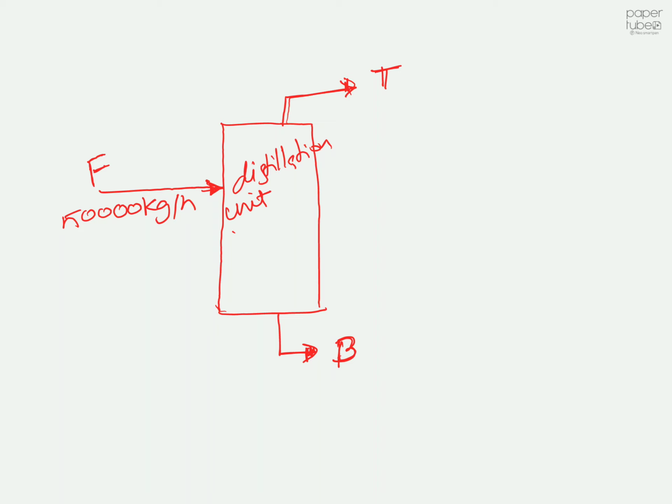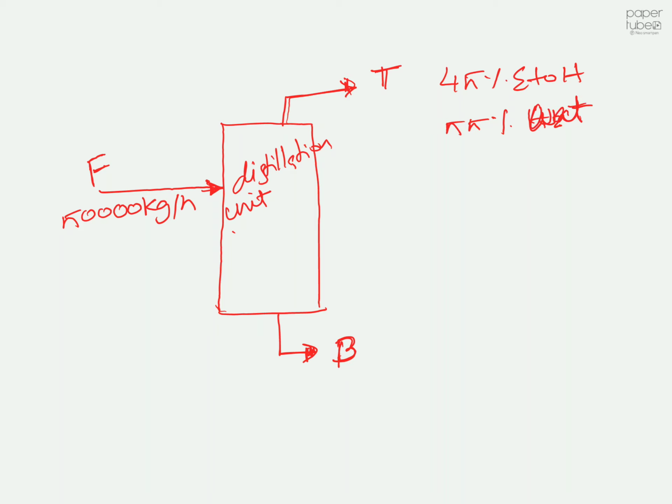And in the top, what's the value? I already gave the composition, which is 45% ethanol and 55% water. I'm going to write WAT for water.